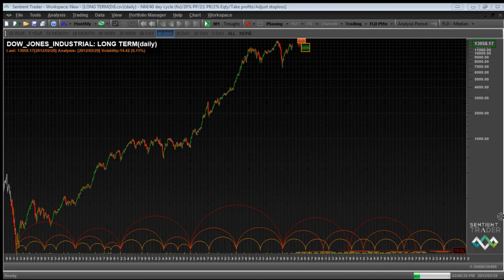The reason I've chosen the DJI as opposed to the S&P 500, which is what we usually speak about, if I can say we usually speak about anything at all, is because you can get data going all the way back to 1928 from Yahoo. In fact, some Sentient Trader users I know have performed analyses on data going back to 1918.